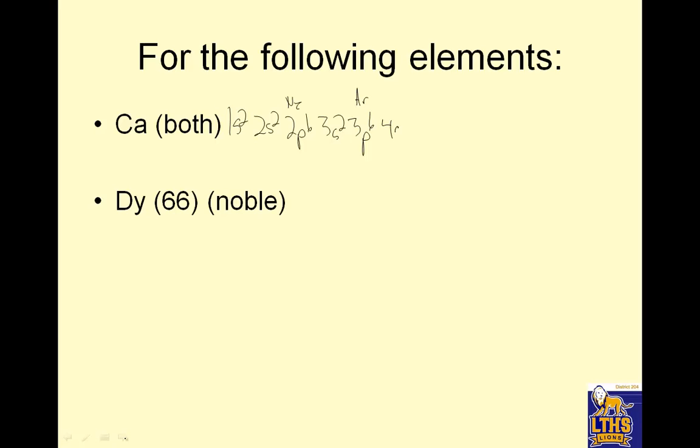Then I have 4s2, and I stop at s2 for calcium. Calcium has 20 protons, 2, 4, 10, 12, 18, 20. That stops at calcium. If I undo the core notation of calcium, the preceding noble gas is number 18, which is argon. Right? So I put argon in brackets, and all I have left is 4s2.